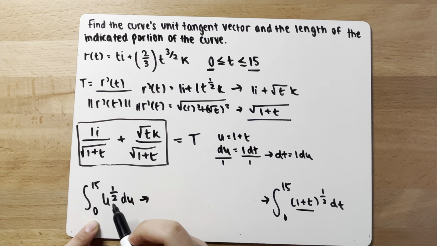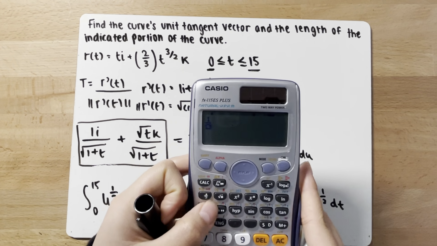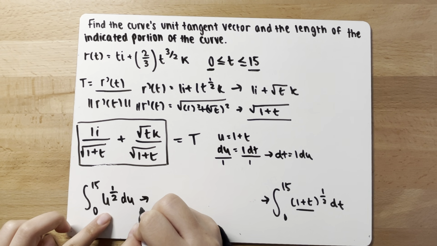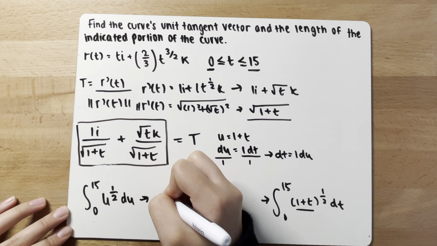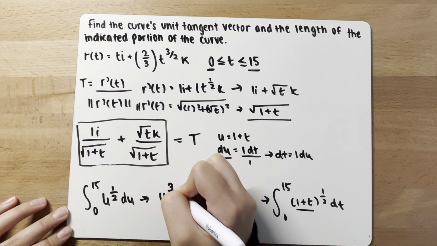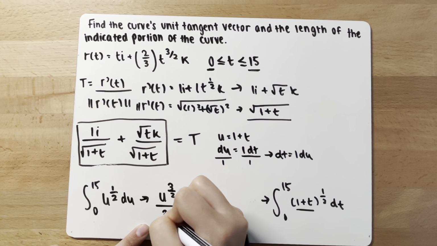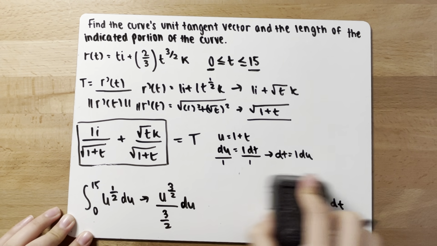So 1/2 plus 1 is 3/2. So you will then have u to the 3/2 over 1/2 plus 1, which is 3/2, du.